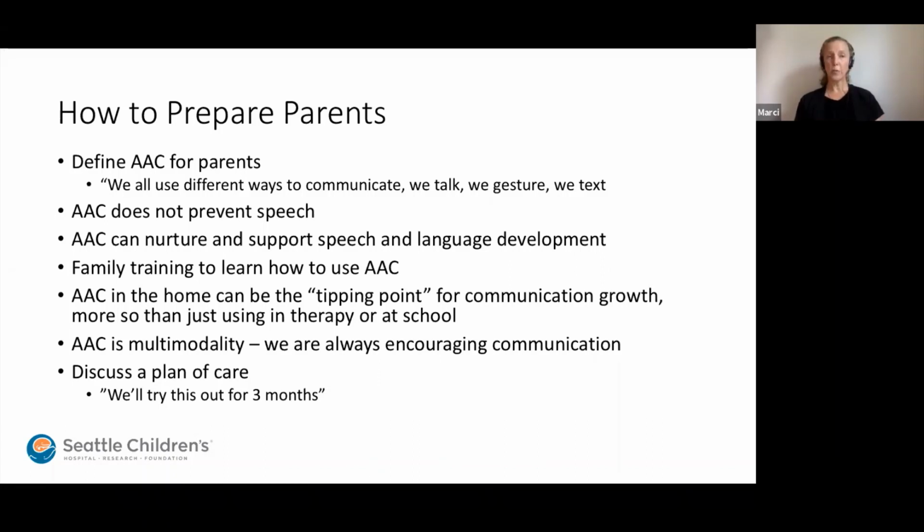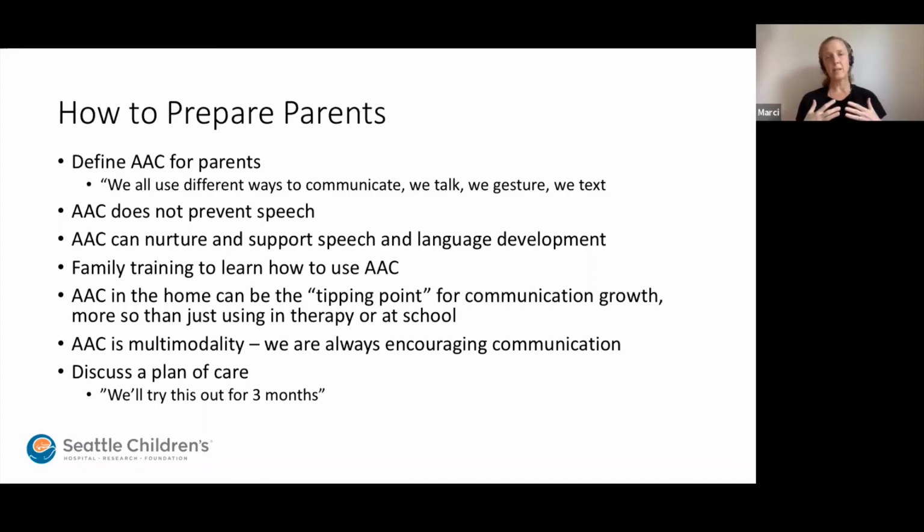We want to assure families that we will provide the training so that they'll learn how to use the AAC materials. I truly believe that AAC in the home is the tipping point for communication growth, more so than just using AAC systems at therapy or at school.